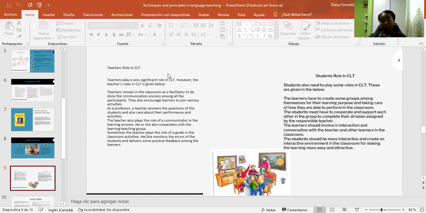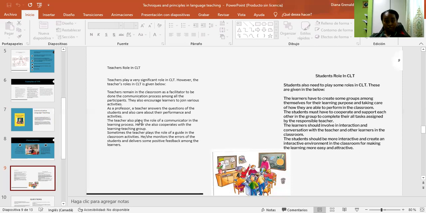As mentioned in previous classes, the teachers are facilitators, and being facilitators gives them the opportunity to guide the students. They also need to be the motivation of the class and make the class active.